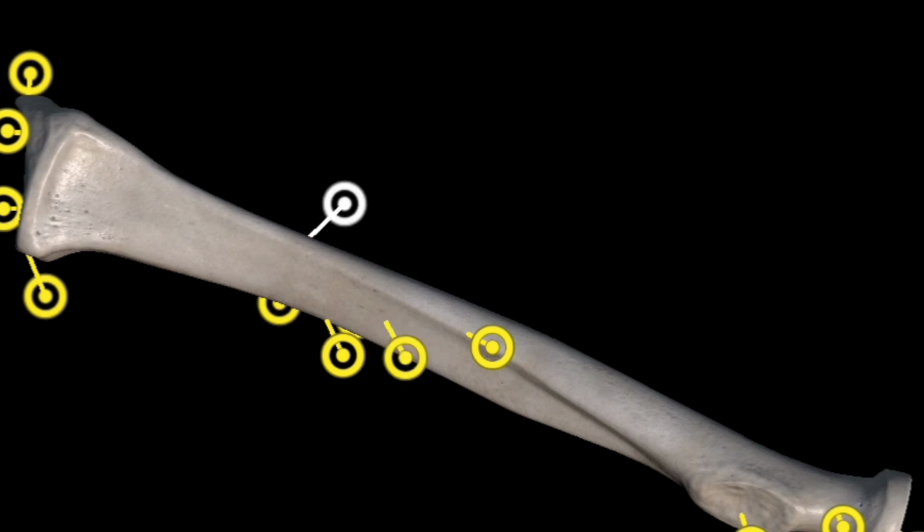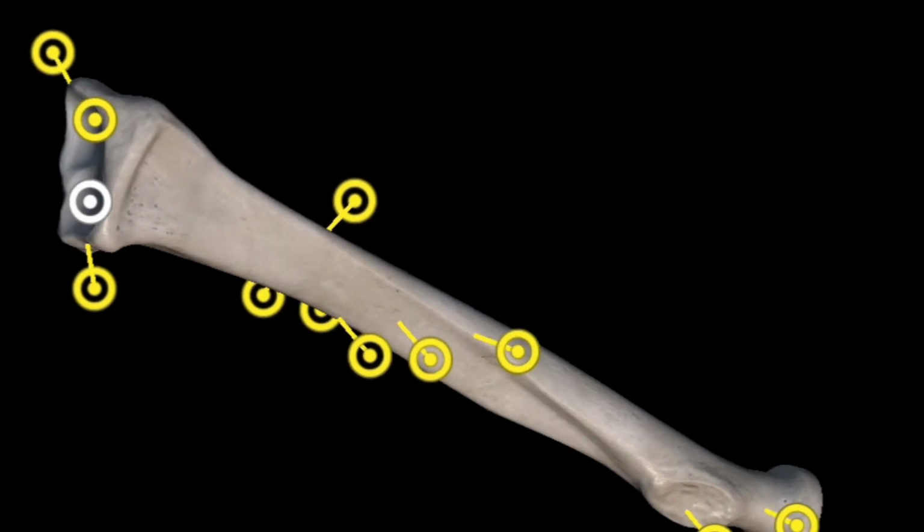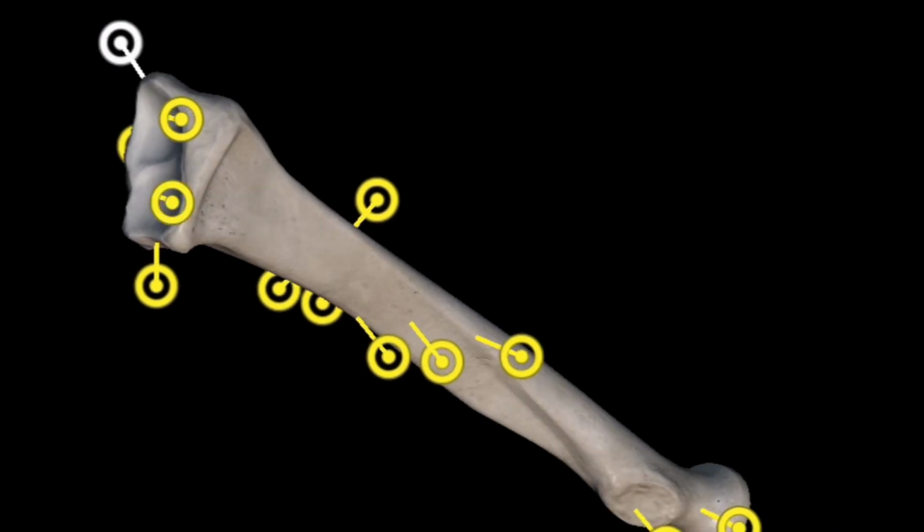This is the lateral border, and here in the distal part will be the ulnar notch. This is the styloid process, and adjacent to, or medial to, the styloid process, here is the articular surface of the radius for the scaphoid, and with it is the articular surface for the lunate carpal bone.